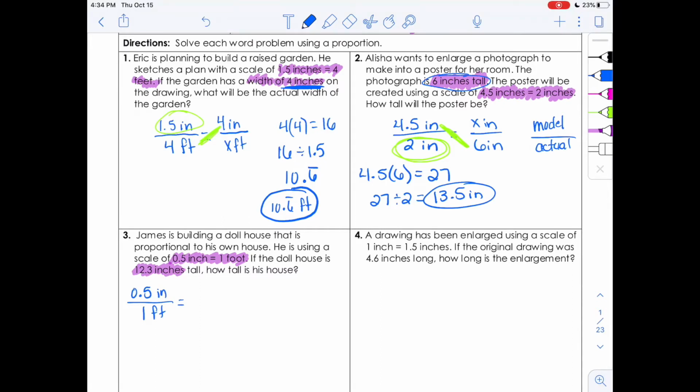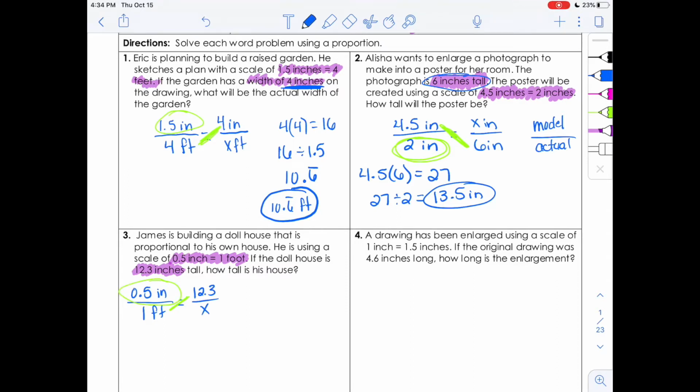And then the second part of our ratio is the information given. And we're given that the dollhouse is 12.3 inches tall. So that's 12.3 over x. So once this is set up, again, we're going to cross multiply 12.3 times 1 divided by 1/2.